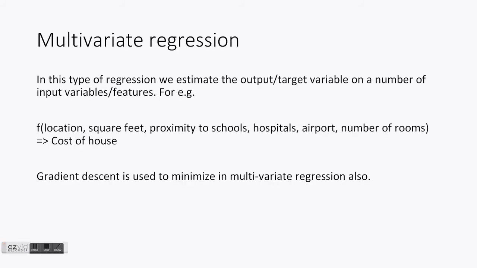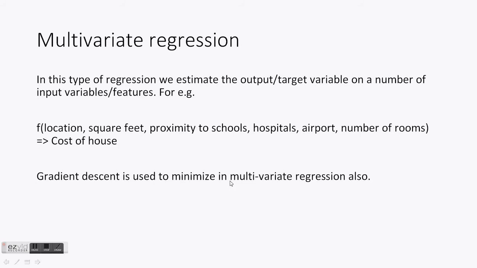Now, so far you have seen regression where we just had a single variable with respect to a single output variable. But typically in the real world, we'll tend to have multiple features. So for example, if you're trying to find the cost of a house, it'll probably depend upon multiple factors and features.